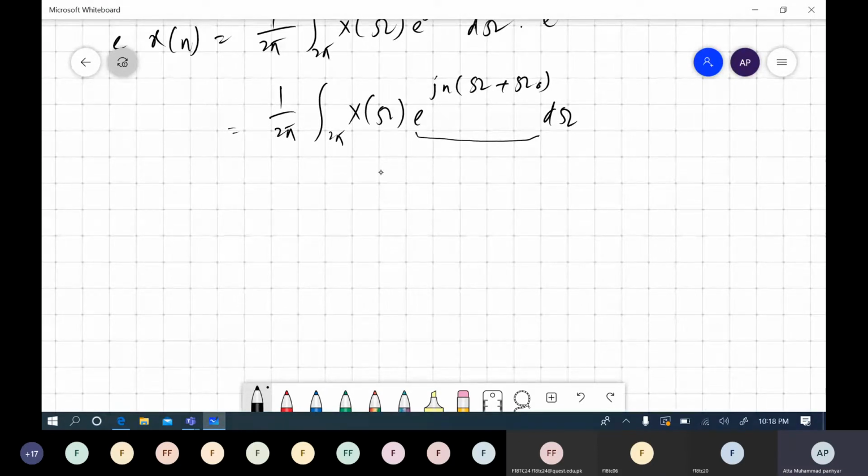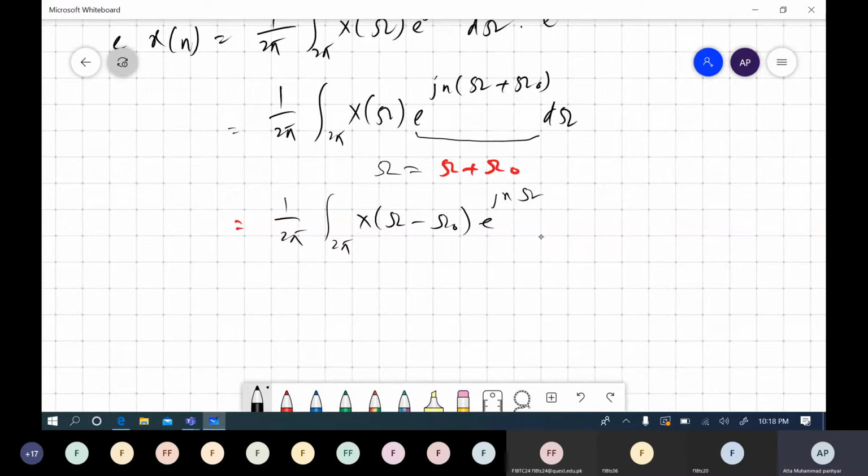Then what we can do is assume omega equal to omega plus omega naught. Then as a result, we get 1 over 2 pi x of omega minus omega naught e to the power jn omega d omega, right? Now this form is of the DTFT.